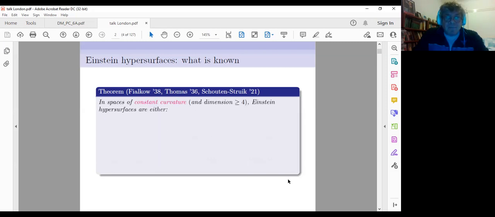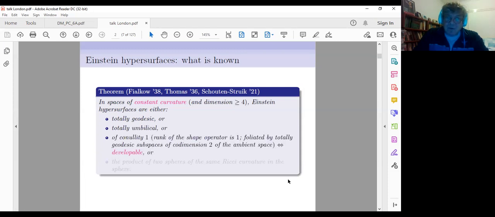And this 21 here in the heading is not 21, it's 1921. So we have a space of constant curvature and dimension at least 4, and we have an Einstein hypersurface in our space of constant curvature. Now the statement is this: either our hypersurface is totally geodesic, or totally umbilical, or of cohomogeneity 1, or the product of two spheres with Henri curvature in the sphere.